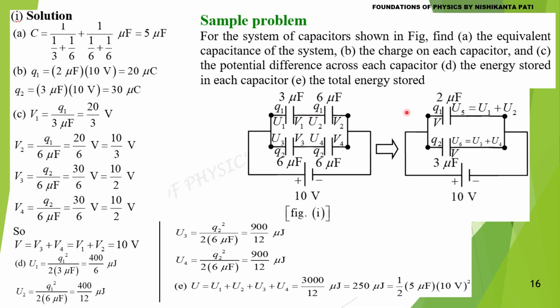Q1 charge, here also Q1 charge, 3 microfarad, 6 microfarad, the series group gives 2 microfarad, 6 microfarad, the series group gives 3 microfarad. Here Q2, here also Q2. So Q1 equal to 2 microfarad into V, V is 10 volt. Q2 is 3 microfarad into V.